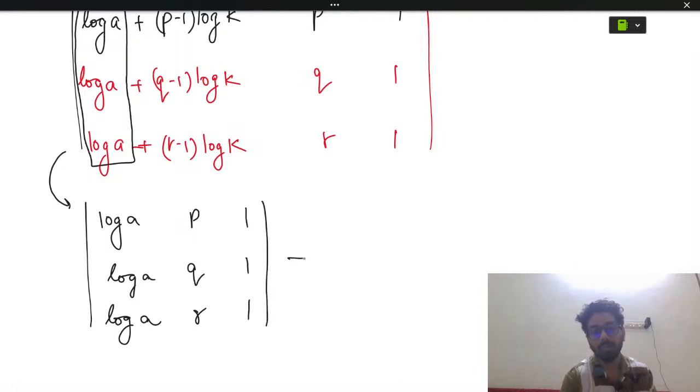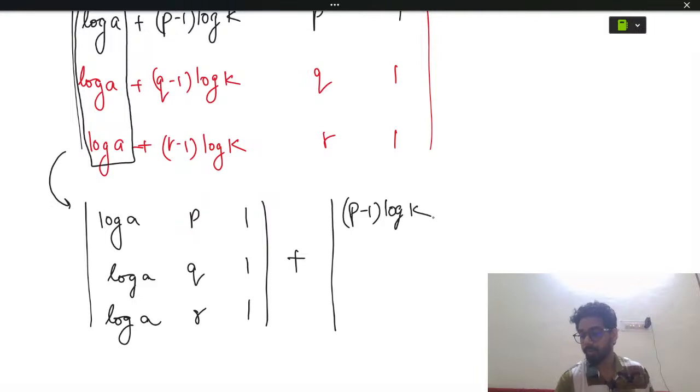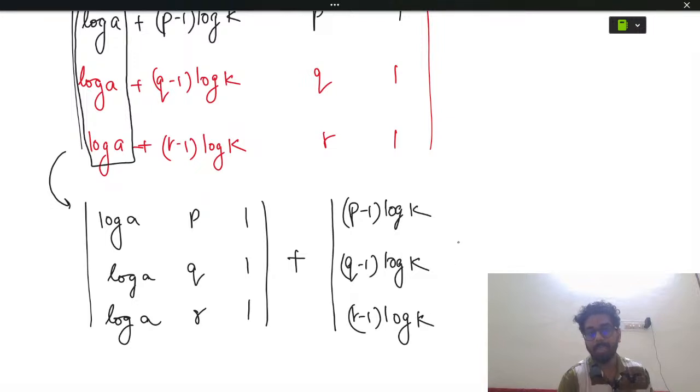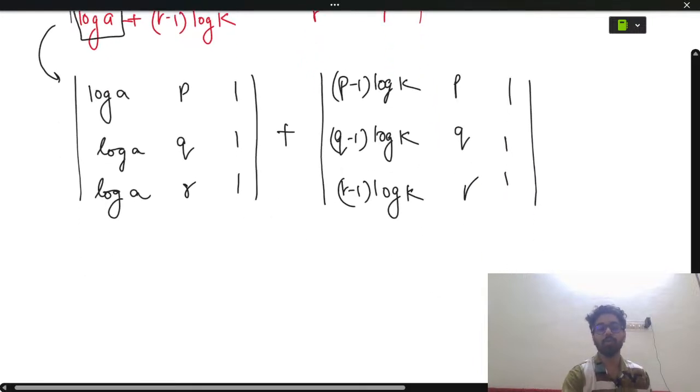We can break the determinant like this. P minus 1 log K, Q minus 1 log K, R minus 1 log K, P, Q, R, 1, 1, 1. That's how you can also solve.